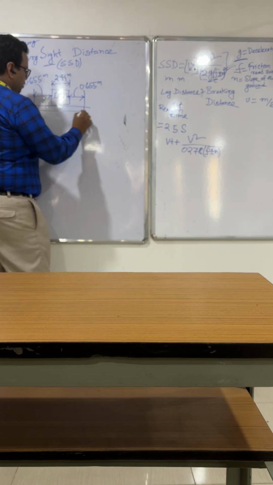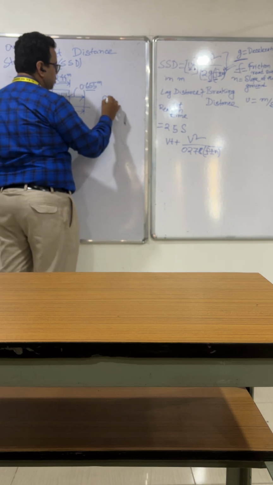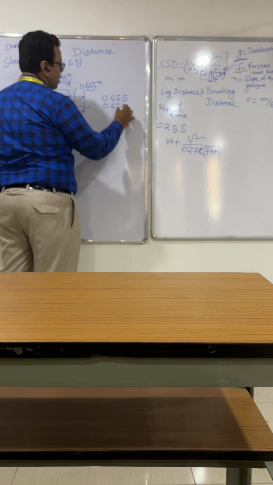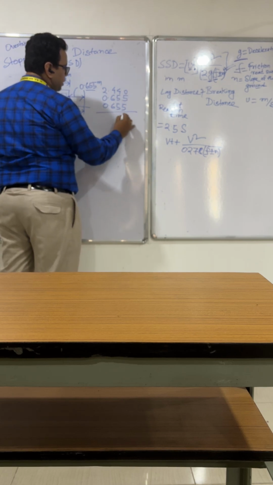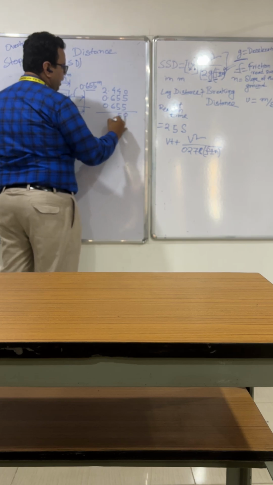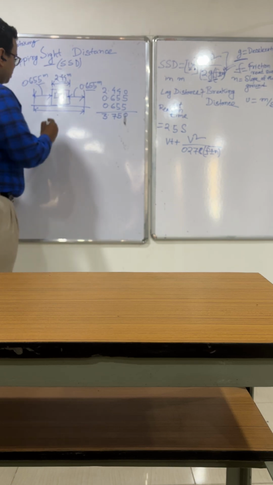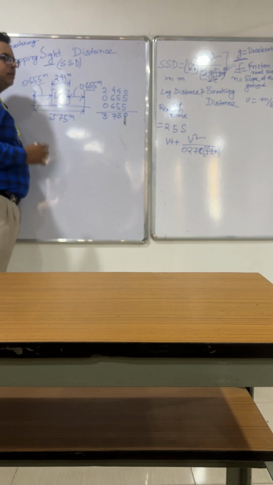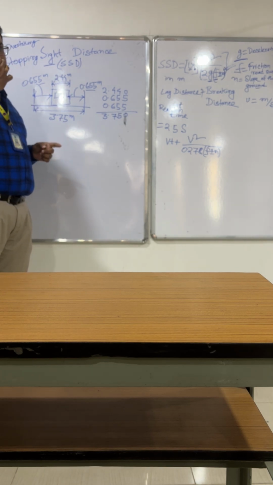Two 0.655 components are there. Another one is 2.440. So it is coming down to 3.75 meter. This is for one width. One pavement width would be 3.75 meter if there is one lane.